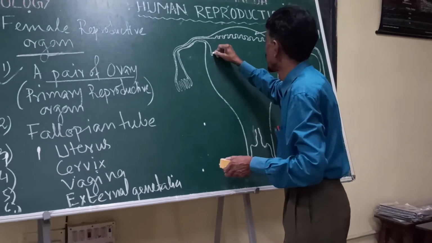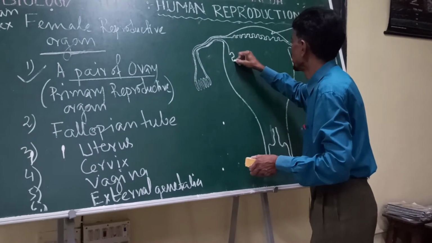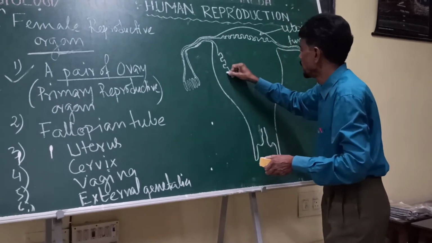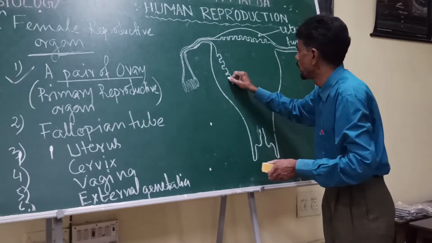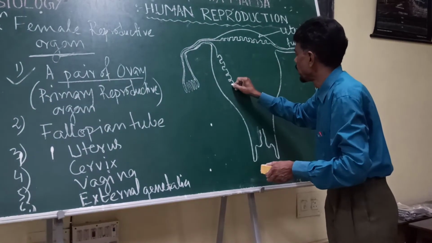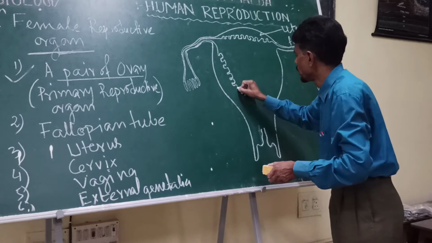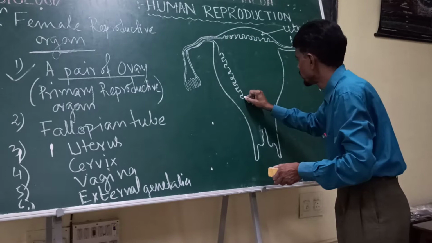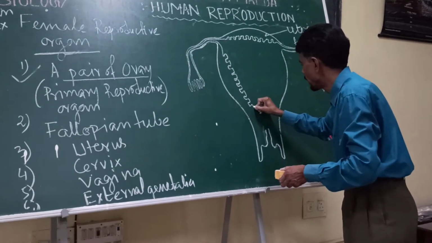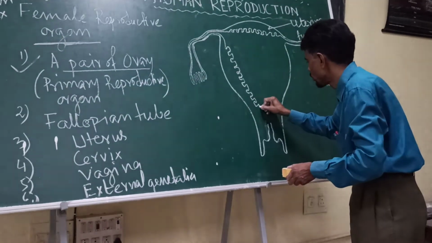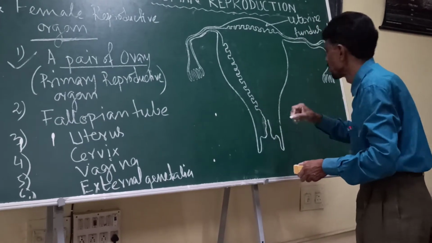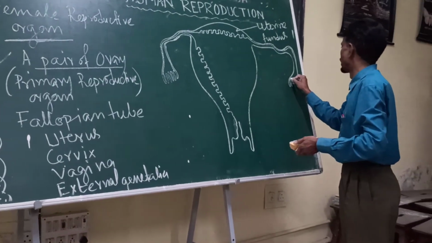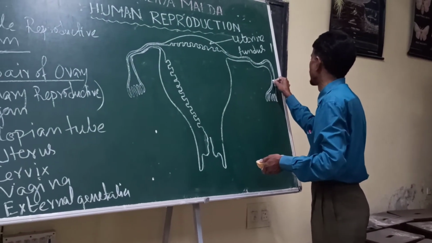This is the inner wall of uterus. I'll write later this part what we call, that is labeling part, I will do later. Like this way also from this side, step by step you can draw this diagram many times.